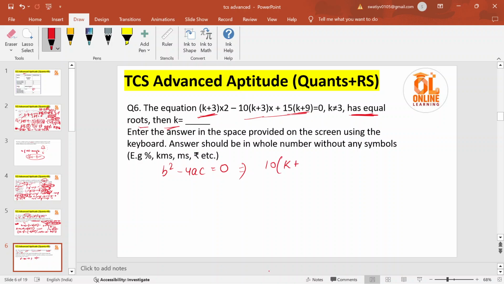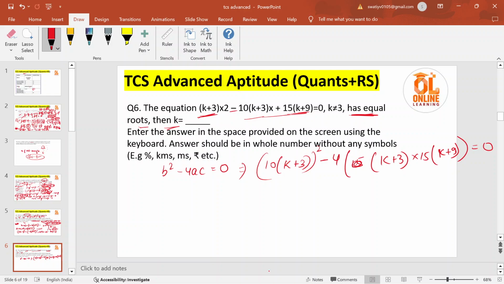So here this becomes 10k. See, I already have this minus k sign, which will get squared and then it will become plus, so I have taken the value in plus itself. So 10k plus 3 whole square minus 4ac, that is 15 times k plus 3 multiplied by 15k plus 9, that is given to you equal to 0.